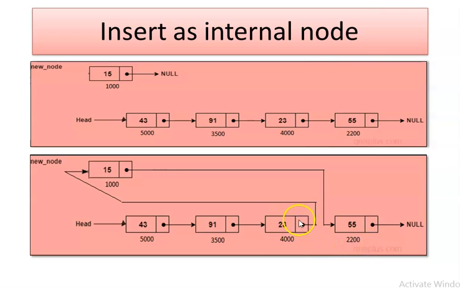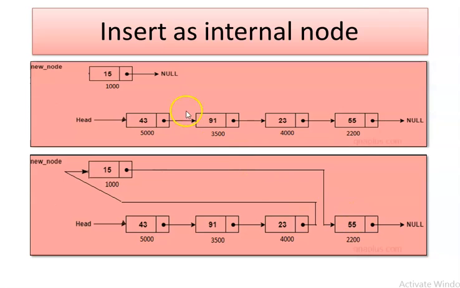So the value which was here should be copied to this location, and the address of the independent node should be copied to this location. First this copying should be made here, and this copying should be made next, so that this forms a linked list in this fashion: first node, second node, third node, fourth node, and fifth node.